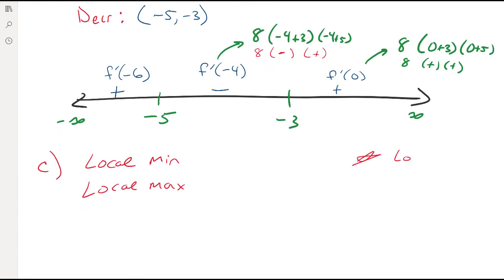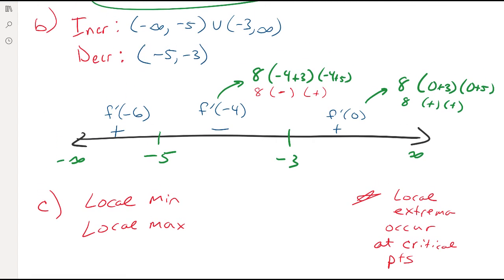I call them local extrema. Extrema means both. Local extrema occur at critical points. In fact, they can only occur at critical points because we need that flattening out. We need that action there.